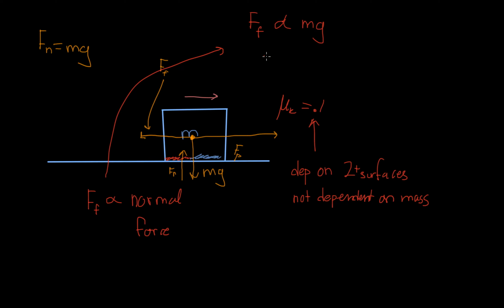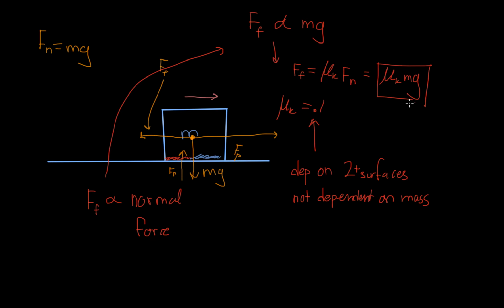And, weirdly enough, the constant of proportionality is just mu sub k. So the force of friction on an object is equal to mu sub k times the normal force acting on that object and the surface, which in this case is just mu sub k mg. So there we go.